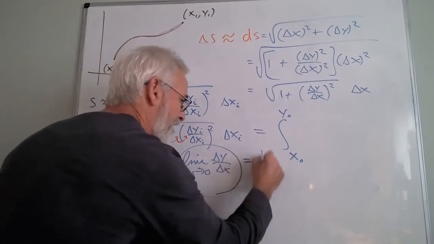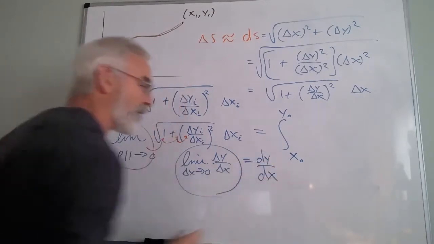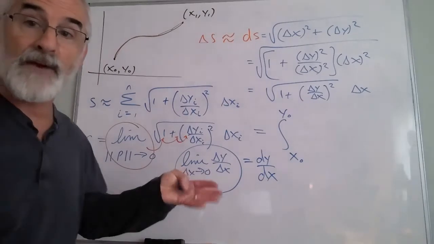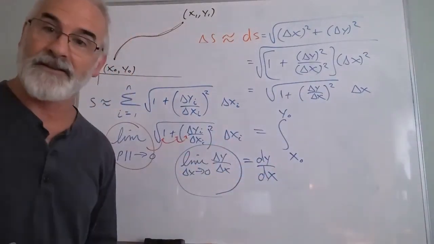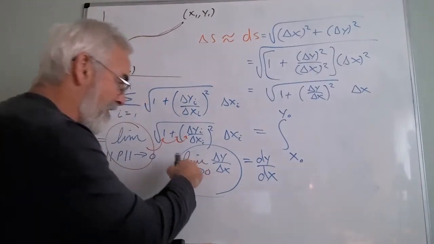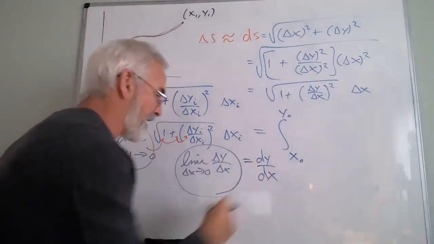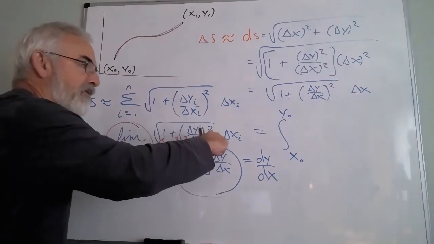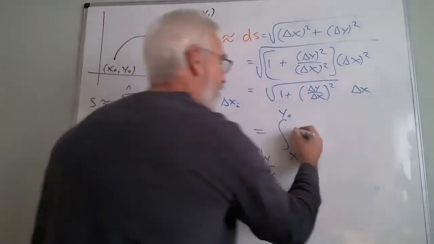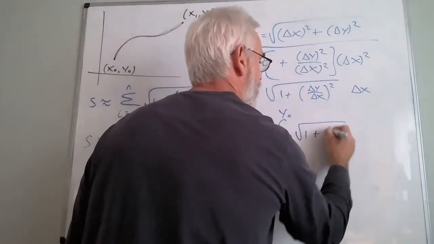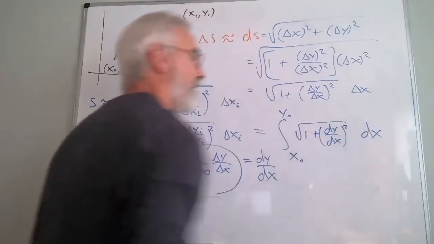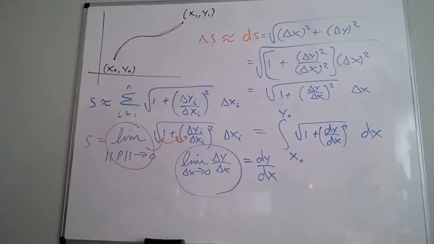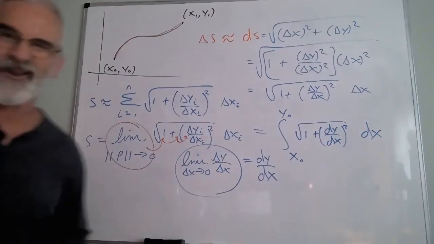See, when we use function notation, we call it f of x plus delta x minus f of x over delta x. This is the exact same thing. This limit, by definition, is dy dx. That's why in the formula you learned in Calc 1, this was 1 plus the square of dy dx, dx. All of you learned that. Very few people have ever seen the derivation because nobody does this except me.